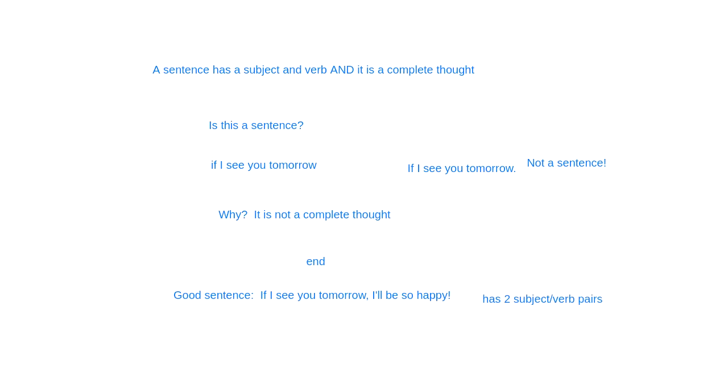Okay, I call them pairs, two subject-verb pairs. Pairs, like a pair is when two things go together. Like you have a pair of shoes, right? Pair of socks. So it's two things that go together. And these are subjects and verbs that go together. I and see and I and will be. So it's still one sentence though. And sometimes that can be confusing for students.